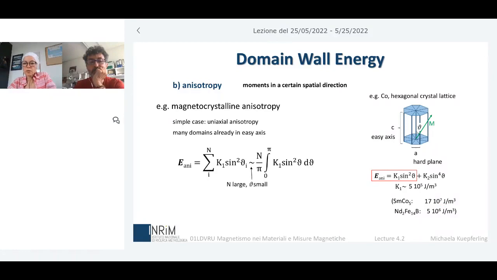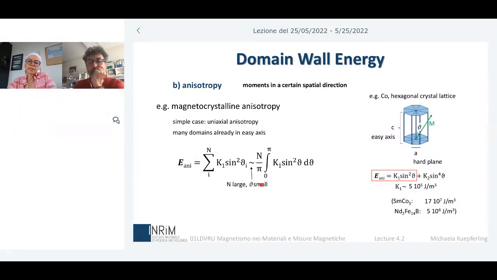Okay, so let's consider this term as describing our anisotropy energy. Again, we have here our angle theta between the different spins. Now, in order to calculate this more easily, because you see here we have a sum over all spin moments that you have in the wall, between the spin and the easy axis.